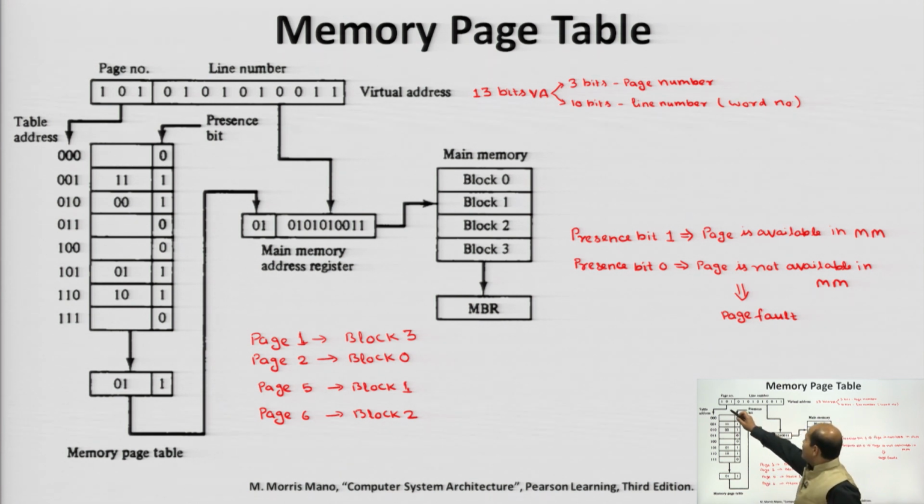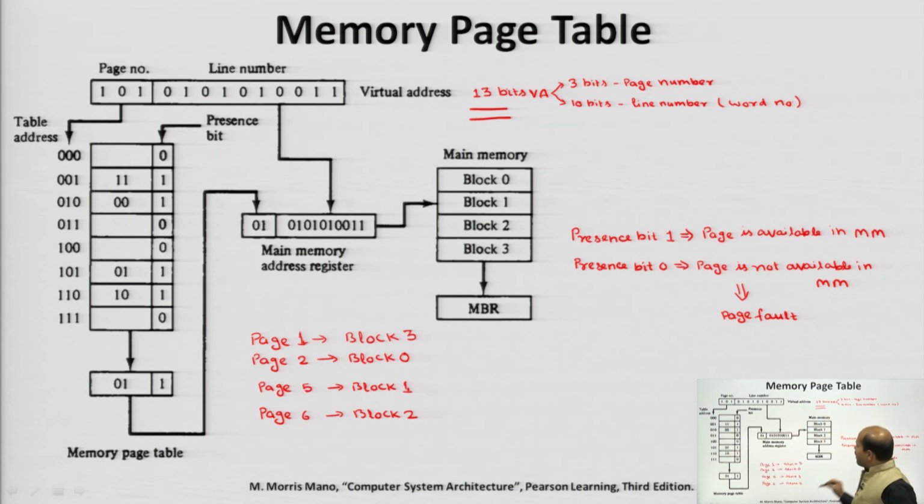So, 13-bit address or the virtual address will be of 13 bits, and at a time only 4 pages can be transferred or reside in the memory block area, because there are 4 blocks in main memory. So, at a time we can transfer only 4 pages here.